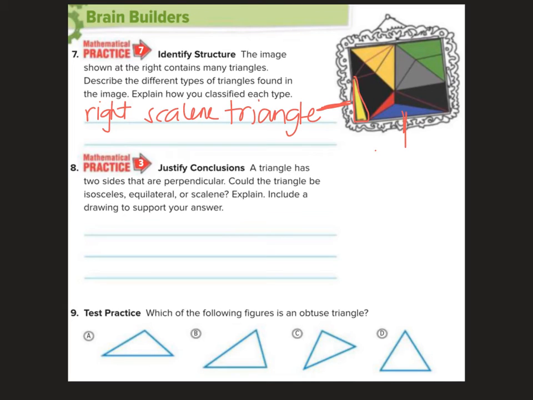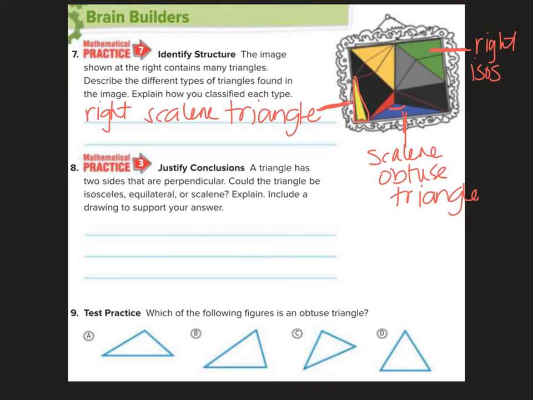This one looks like a scalene obtuse triangle because of this obtuse angle there. Let's see. That one's a right. This one's a right isosceles, looks like. Right isosceles, we'd go there.